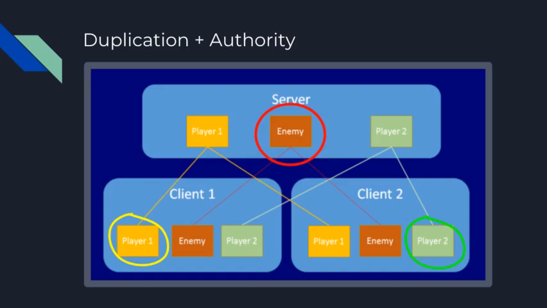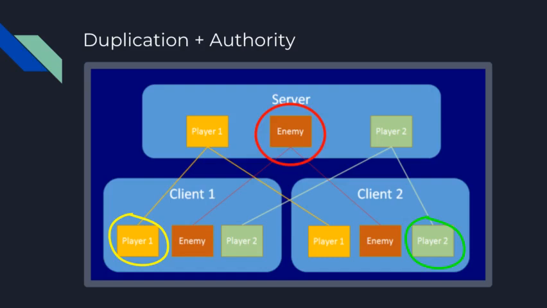Each client should have local authority over their own player and not other players. One important thing to note is that these players, player 1 and player 2, are basically exactly the same, and they will be in most games. You only spawn one kind of character and then throw a different sprite on it or something, but they have the exact same code.